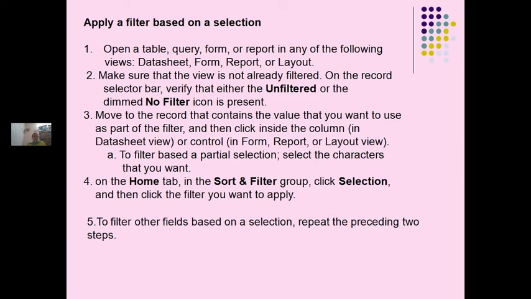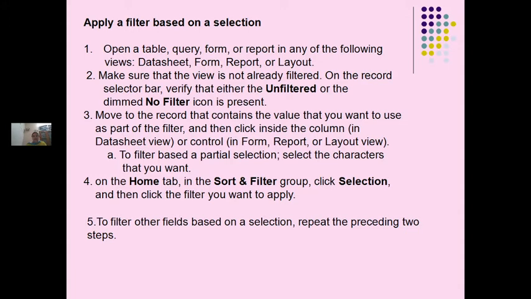So what are the steps for applying a filter based on selection? Open a table, query, form or report in any of the following views. Make sure that the view is not already filtered, that is compulsory for all the types of filters. Move to the record that contains the value that you want to use as part of the filter, and then click inside the column or control.